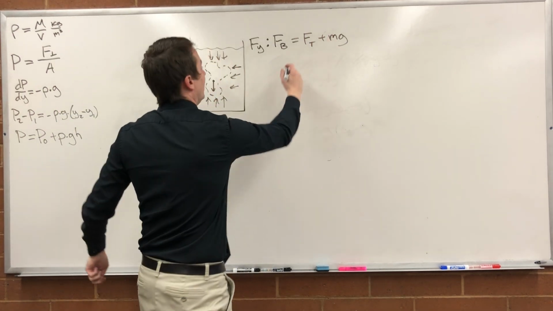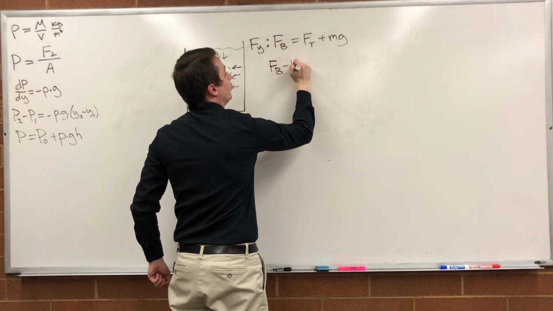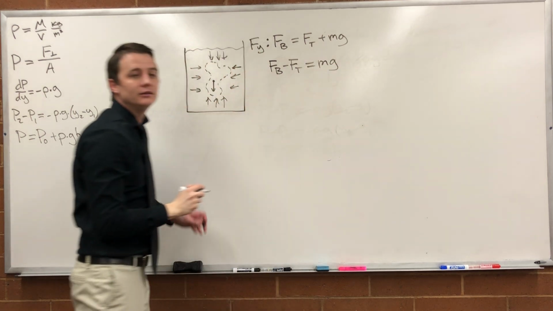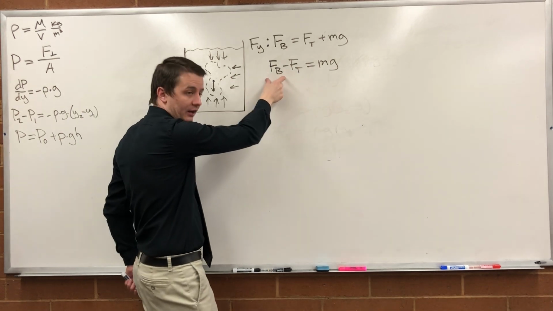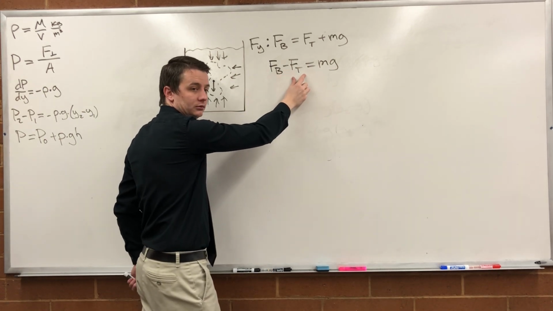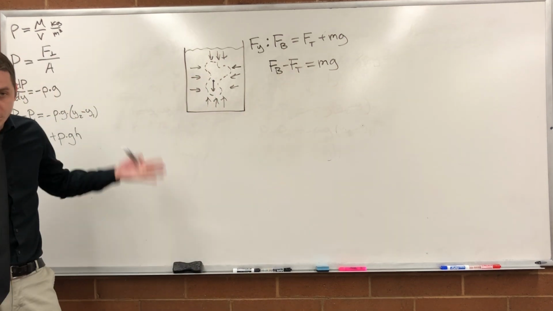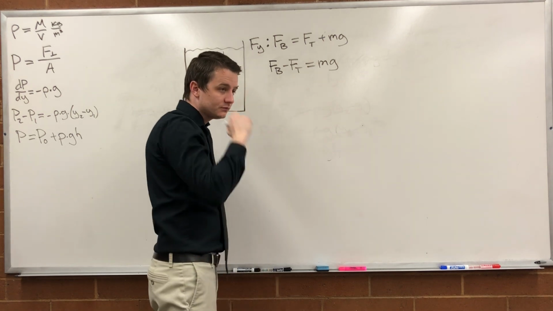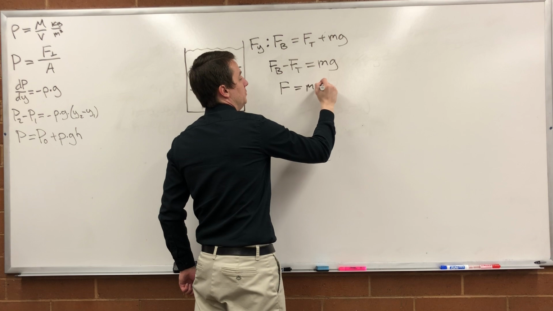So if I take the forces at the bottom and subtract all the forces at the top, that is still equal to mg. So the forces at the bottom are greater than the forces at the top. And the difference in these forces is what we call the force of buoyancy. So the force of buoyancy is equal to mg here.